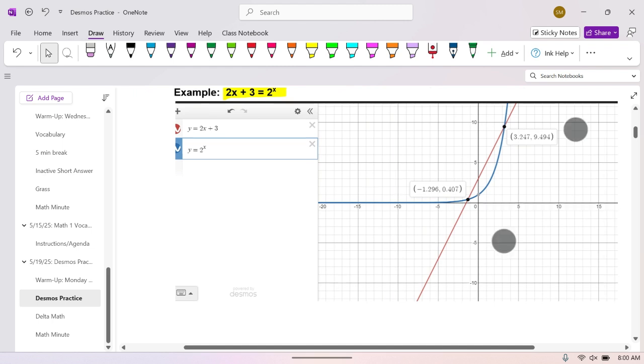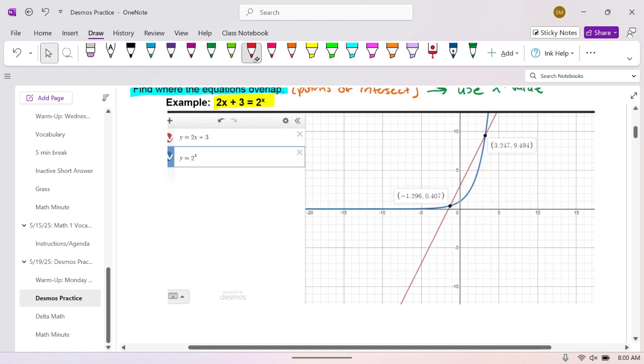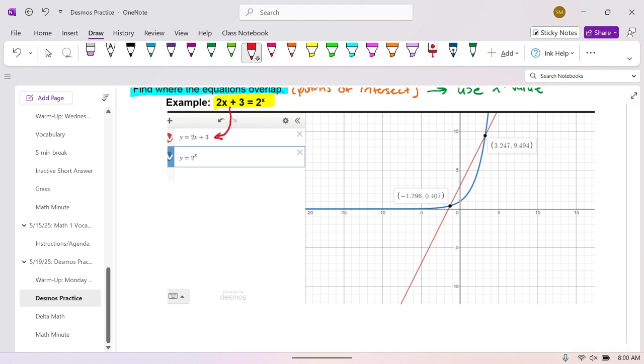So, for example, the one that they have graphed here, they took this equation and they took the left side of the equation, set it equal to y. They took the right side of the equation, set it equal to y. And it created this system over here. Now, we know that if we're graphing a system, we always find the points of intersect.